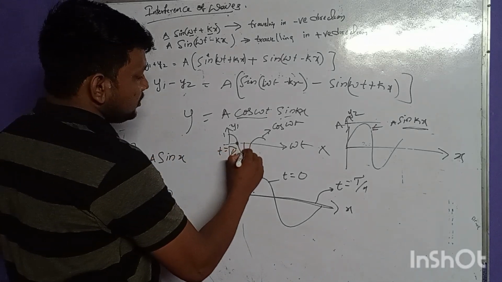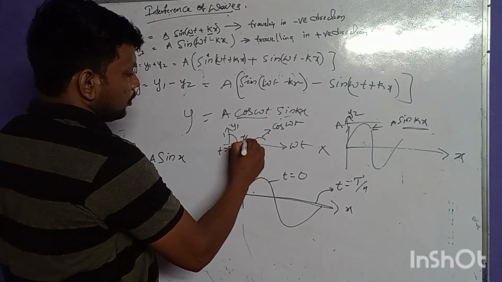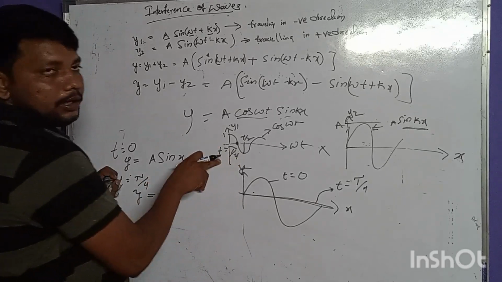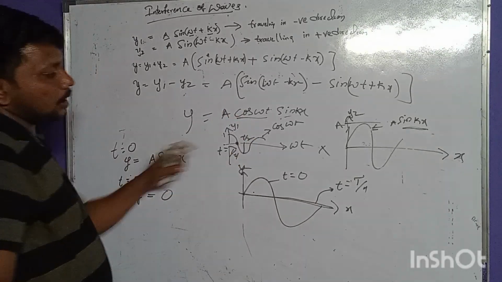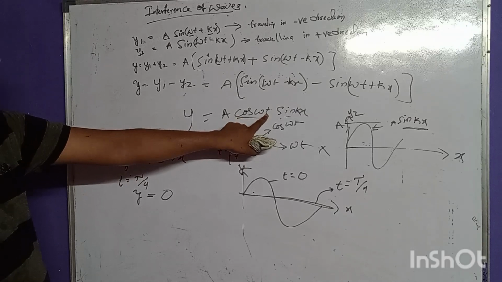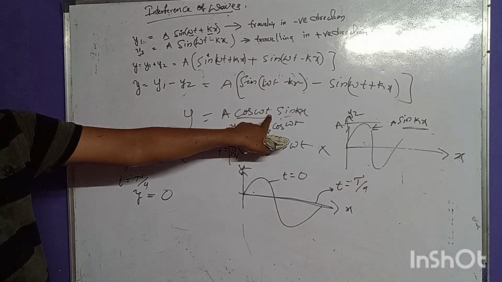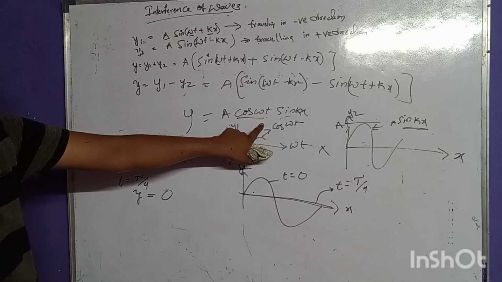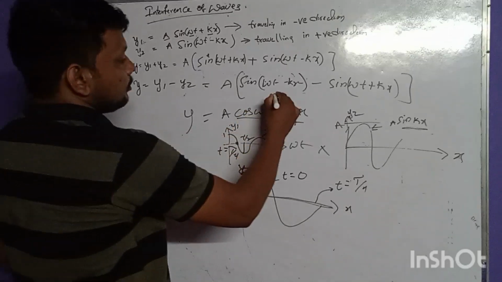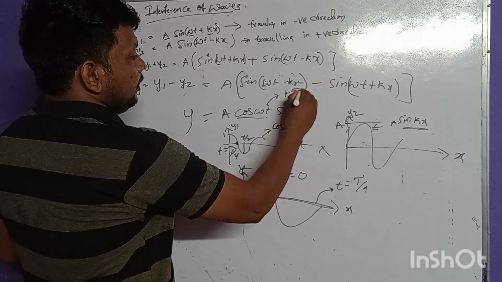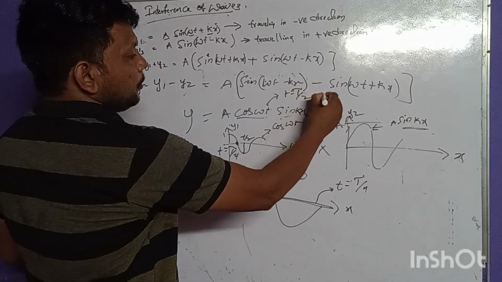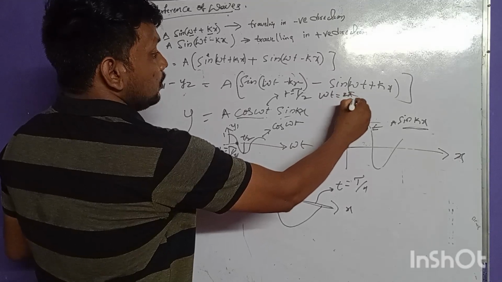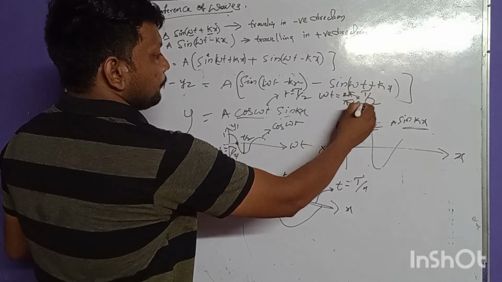Again, at t is equal to tau by 2, we get the negative peak, negative 1. At tau by 4, omega t is equal to pi by 2. At t is equal to tau by 2, omega t is equal to 2 pi by tau into tau by 2.